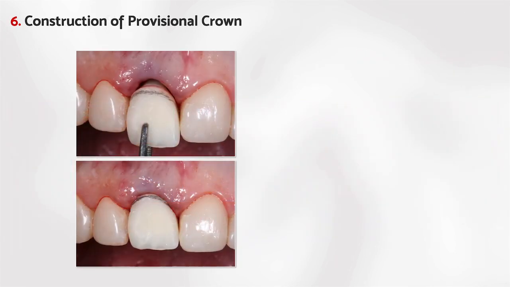Step 6, the construction of the provisional crown. You can use here a composite resin or a prefabricated acrylic resin tooth. During the construction of the provisional crown, we define the critical and subcritical contour. Critical contour is this black line that should be coincident with the anatomical contour of the gingival margin.